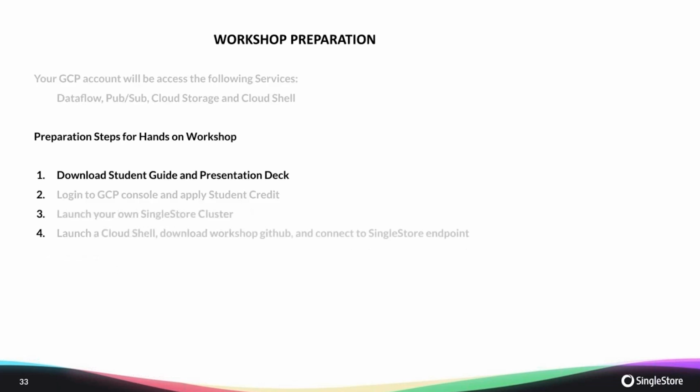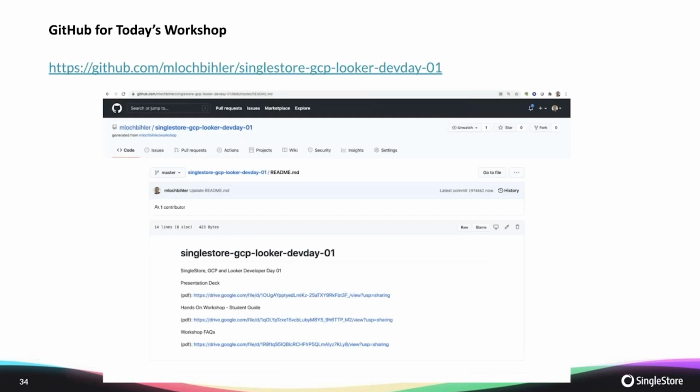The first thing is the presentation deck and the student guide. This is the GitHub that we will be using today. I've got a screenshot of it. We have a presentation deck and a hands-on student guide. We don't have an FAQ. We have the first two in there, and it's in the README.